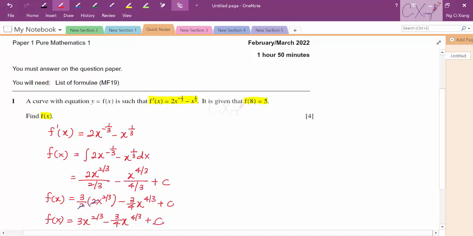Alright, so if we want to get the complete equation, we should try to find the constant c. So how can we find the constant c? We can substitute the information given here into our equation. From this part, you know that the 8 is actually the x.